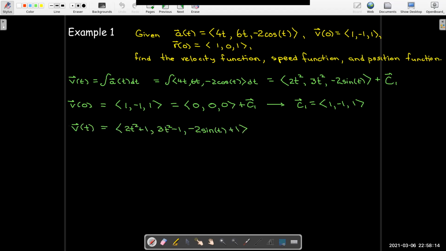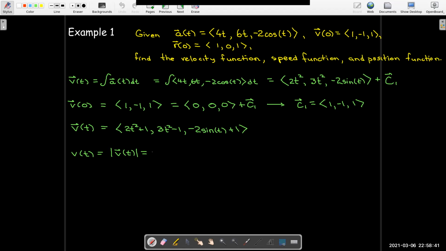All right, so now I've got my velocity function. I have 2t squared plus 1, that's for my constant. 3t squared minus 1, and then -2 sine t plus 1. So the position, before we do the position, don't want to forget the speed. So speed is just the magnitude or the length of that velocity vector.